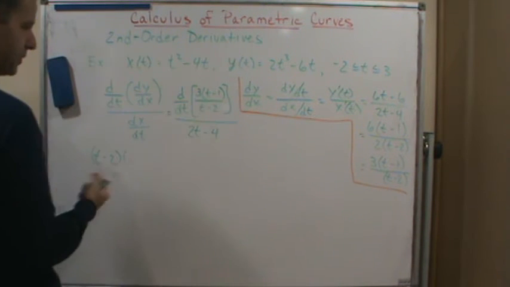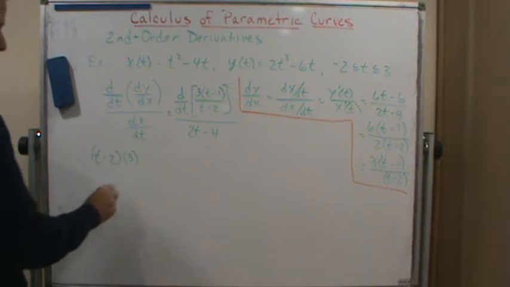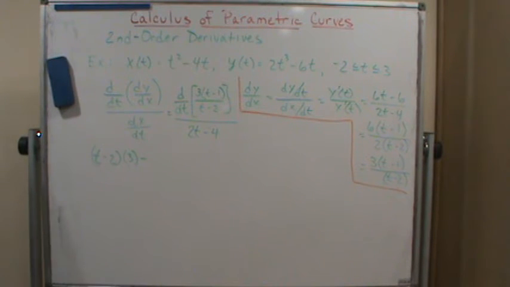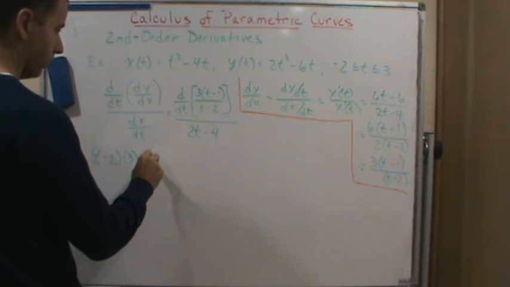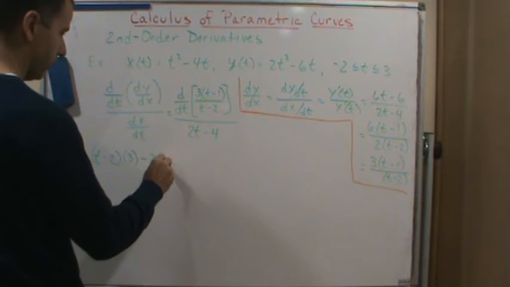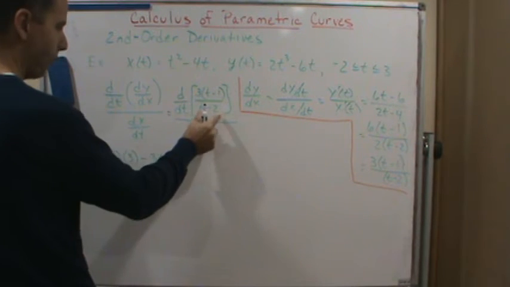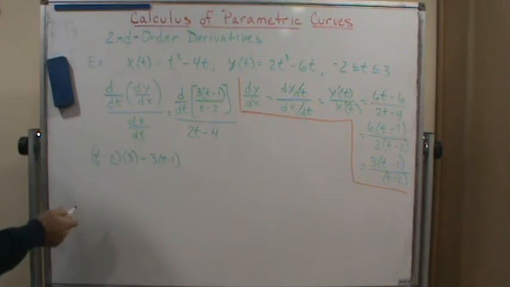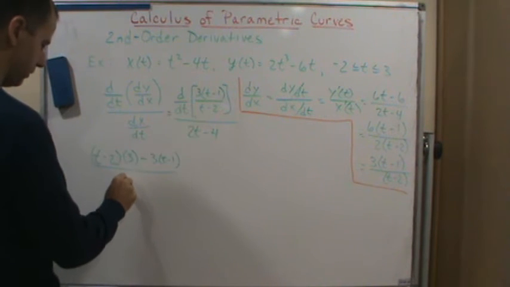Well, the derivative of the top is just 3, right? Minus the top, which is 3 times (t minus 1), times the derivative of the bottom, which is just 1, over the bottom squared.